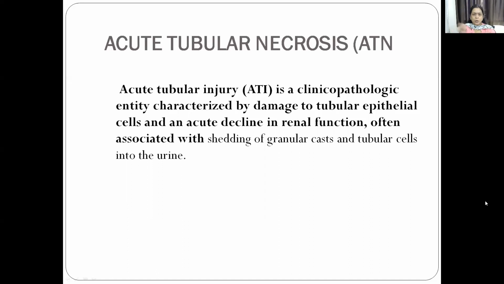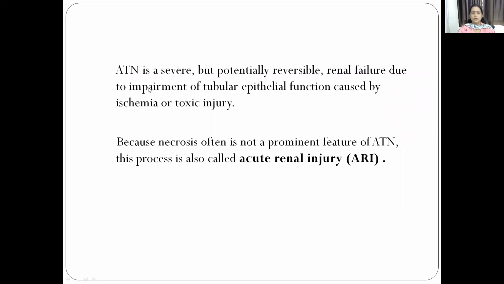So these thrown out detached tubular cells are forming the tubular casts, and also whenever there is an injury, the WBC will come and try to fight the injury, so there will be granular casts. So here, as a definition, there is damage to tubular cells, acute decline with shedding of granular casts and tubular cells in the urine. So ATN is severe but is potentially reversible.